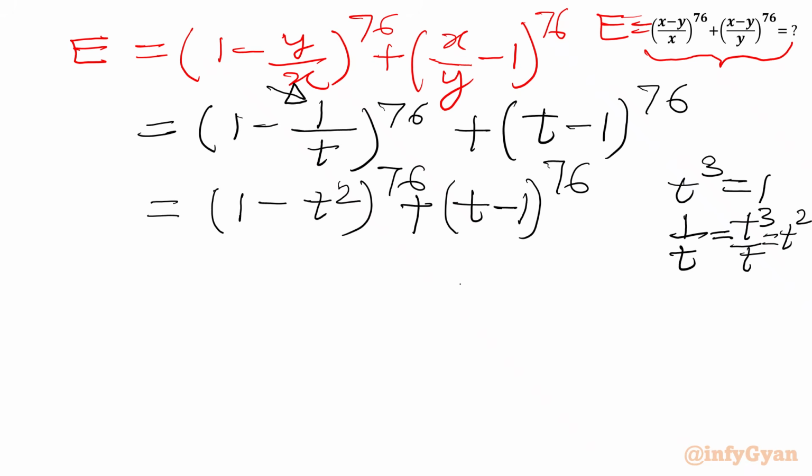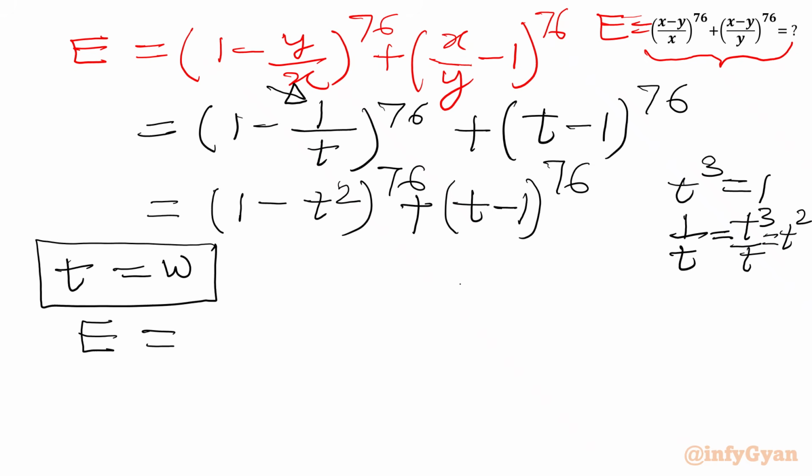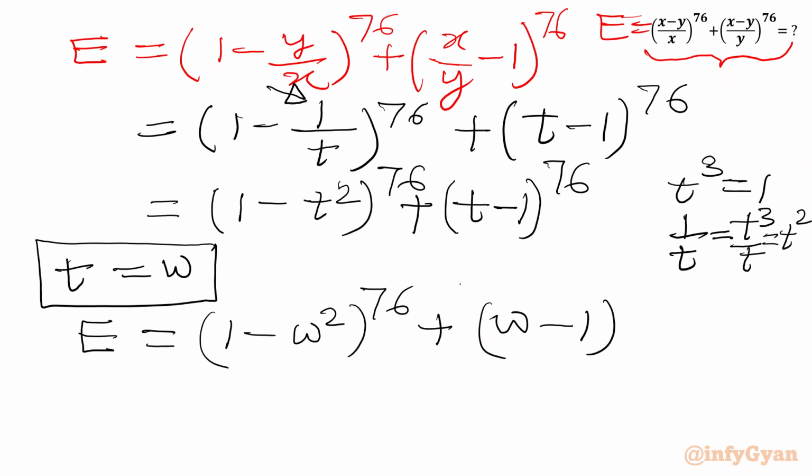Now we have to plug in t equal to omega first to find the value of required expression E. So E will become 1 minus omega square whole power 76 plus omega minus 1 whole power 76.